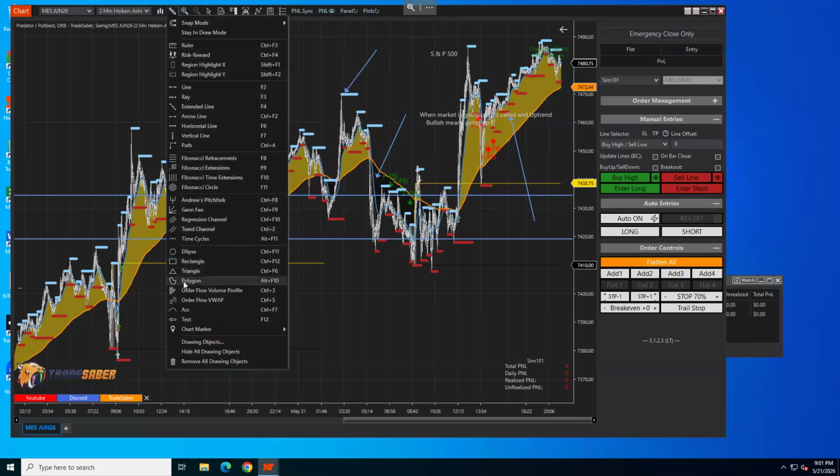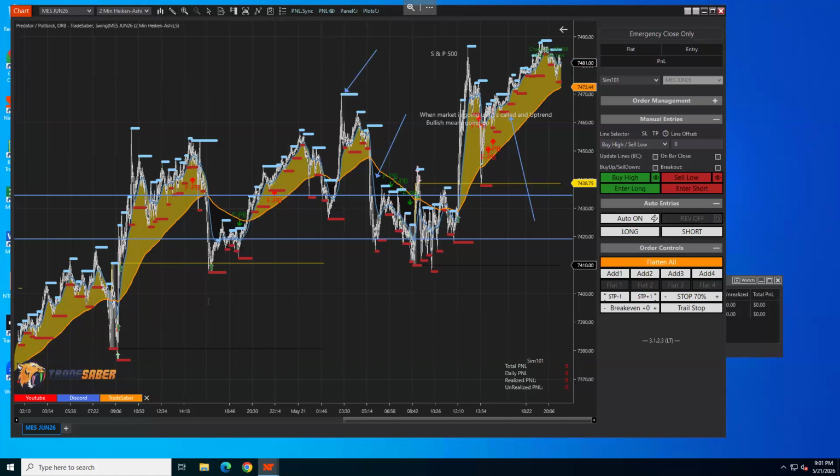So, the way you can look at resistance is like having a roof over your head. Resistance level is like being in a house. You have your ceiling, which is your roof, and then you have your floor, which is your tile or carpet or whatever it is in your house.